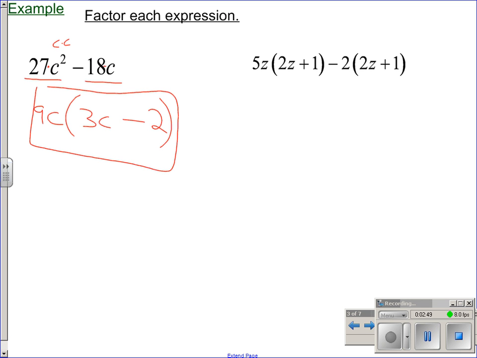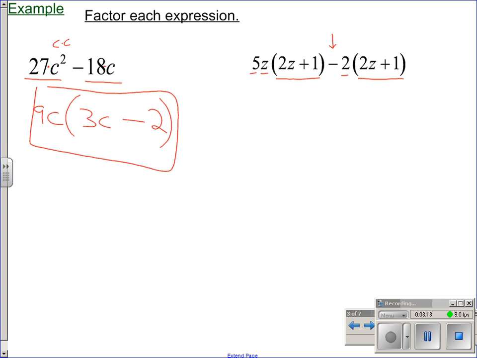For the second example, again, you're looking at common factors in each term. So it's 5 times z times this parenthesis. Those are 3 factors in that first term. There's that subtraction sign separating the terms. In the second term, we got 2 times this whole parenthesis, which is 1 factor.